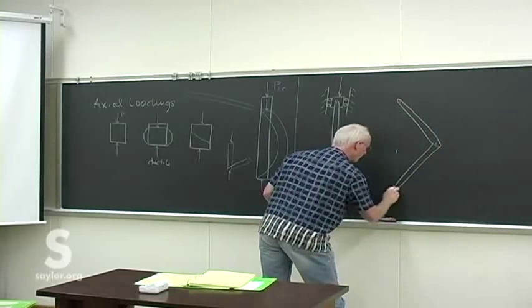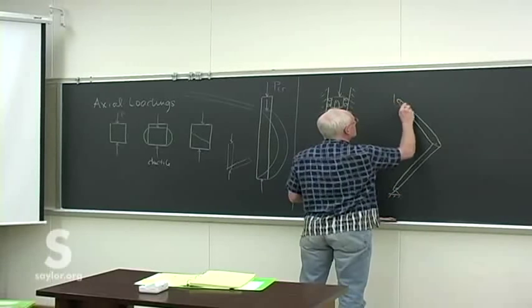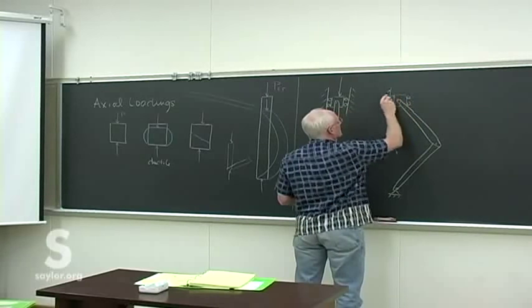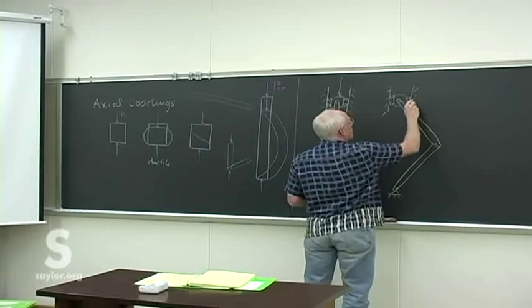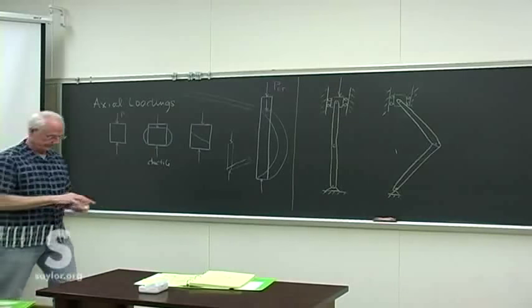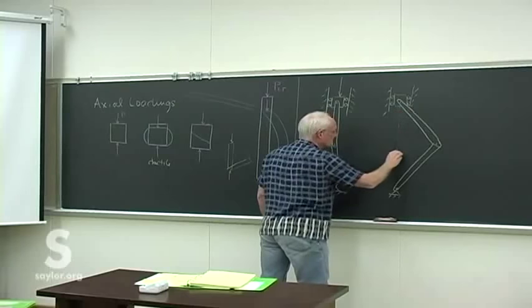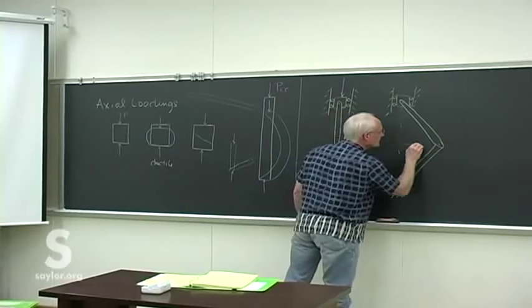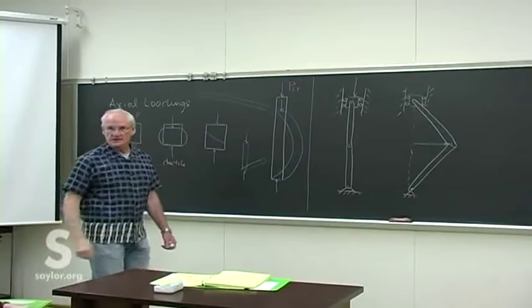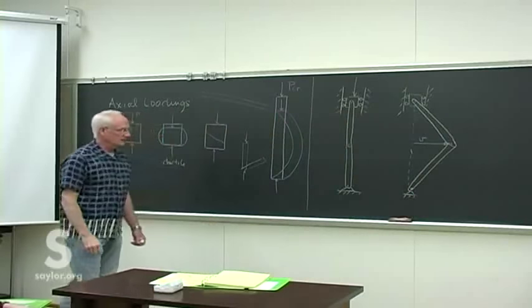So, within the limits of our ability to sketch these things, it'll deform something like that. Just like the last couple weeks, of concern to us is this amount of deflection from the neutral position. And just like we did with the beams earlier, we'll call that a little v.